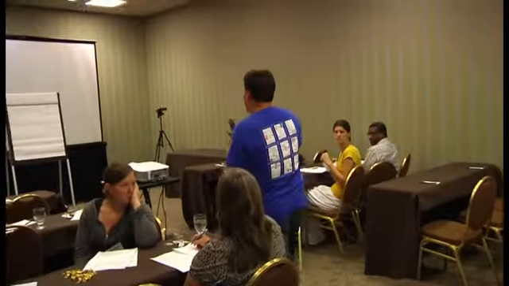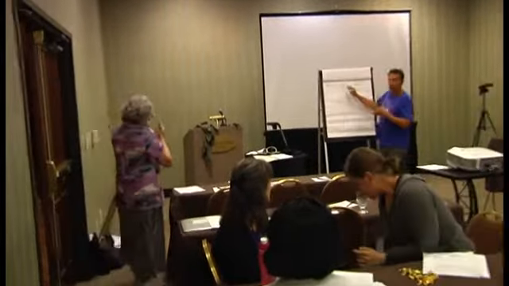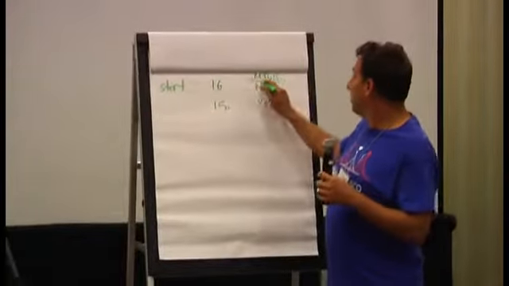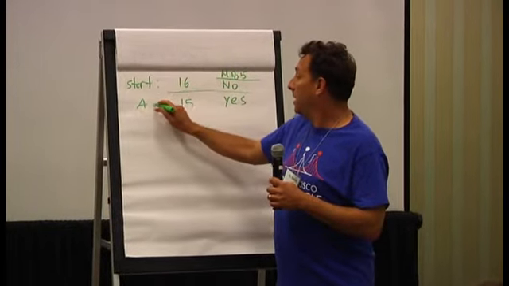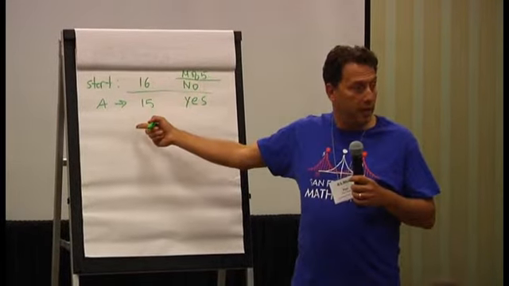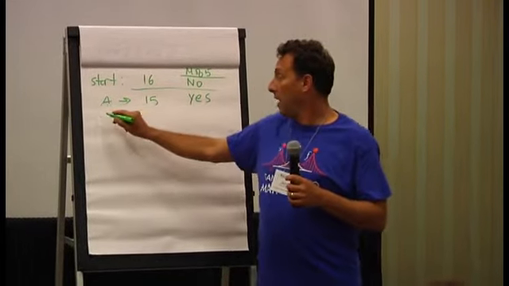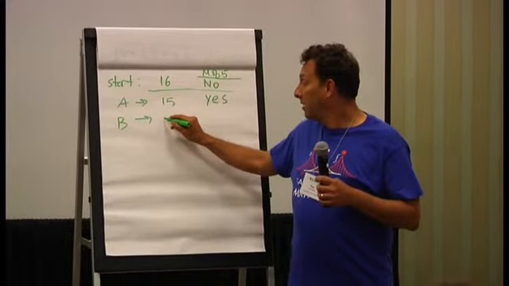Exactly. So I like hearing that word symmetry. And here's a summary of how the game works. It starts out with 16 pennies, which is not a multiple of 5, right? And so player A makes it 15. So she takes away 1 penny. And now it is a multiple of 5. Player B, the loser, does some lame thing. Doesn't matter.